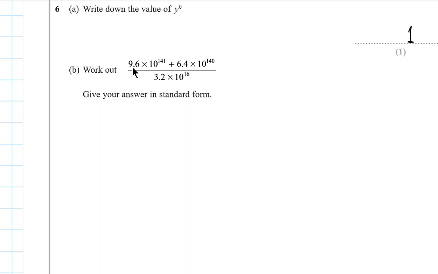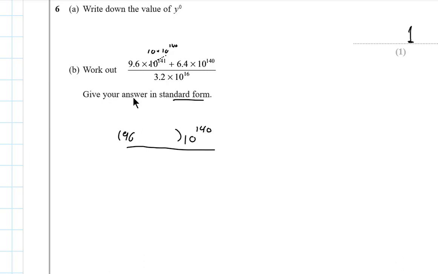b, work out 9.6 times 10 to the power of 141 plus 6.4 times 10 to the power of 140, all divided by 3.2 times 10 to the power 16. Give your answer in standard form. By a simple way, I will split 10 power 141 to be 10 multiplied by 10 power 140, in order to take 10 to the power of 140 as a common factor. And inside the bracket here I will write 9.6 times 10, which is 96.